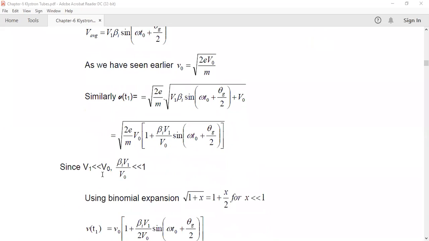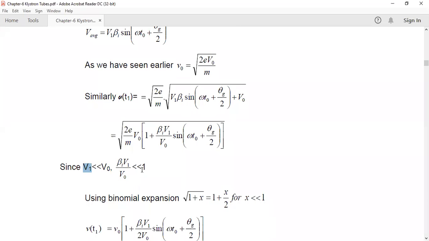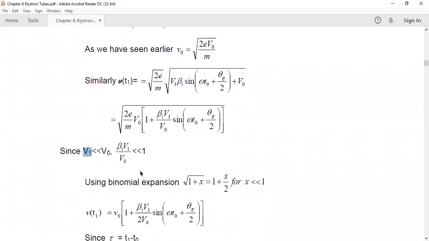So now this V1 is very much less than capital V naught, that is the DC voltage for the electron generation. So V1 is the AC, that is the RF voltage. That is very small, and beta I V1 by V naught is also very much less than 1.